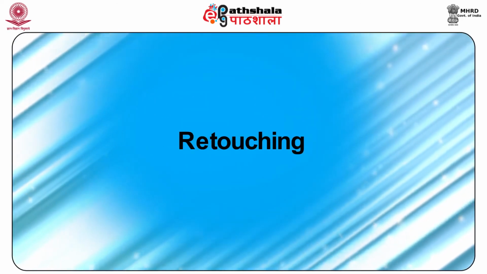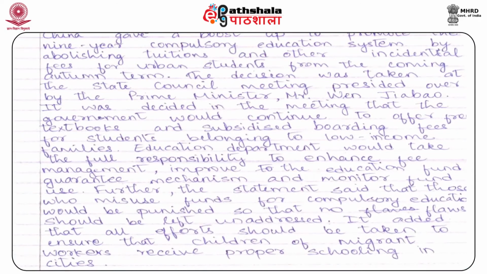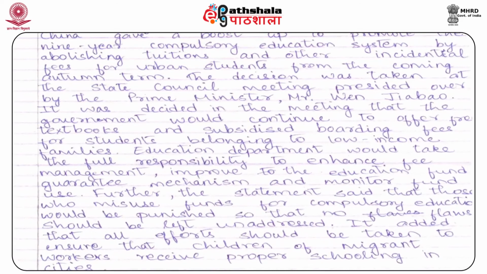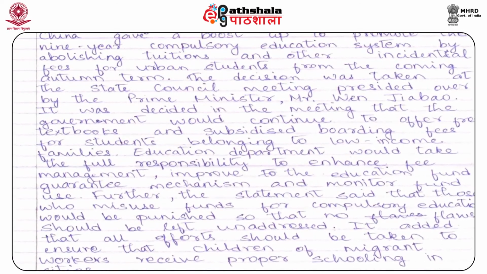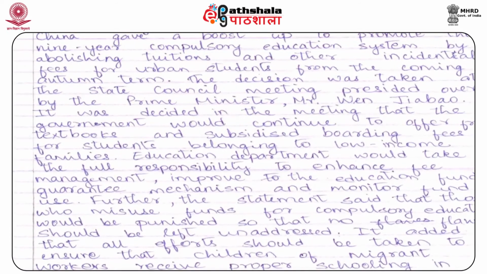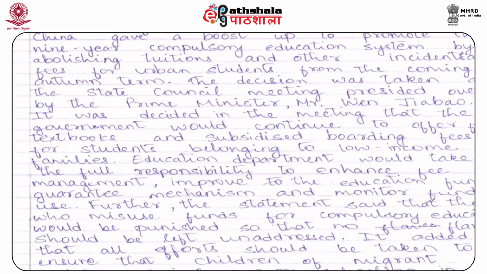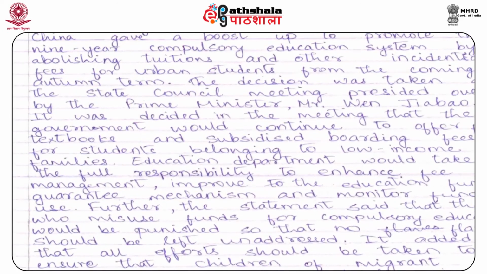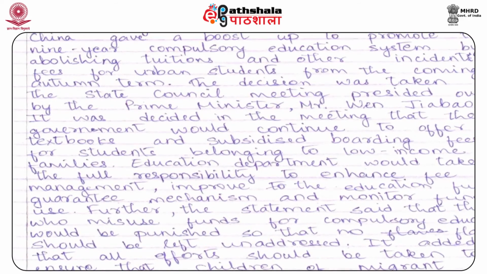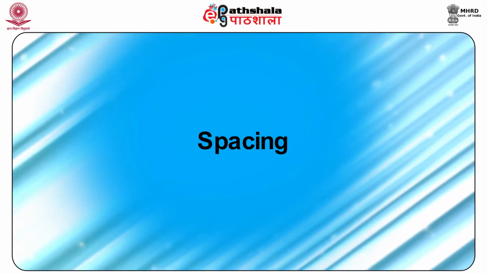Next is retouching. Retouching is a general feature which may be done even in authentic documents and also in forged ones. The retouching done in the authentic document is done bluntly and with much clarity so that it remains authentic, while in the forged documents the retouching itself shows many features of forgery like pen lifts while retouching, careful drawing action, pen pause, variable pressure, etc. Next is spacing.